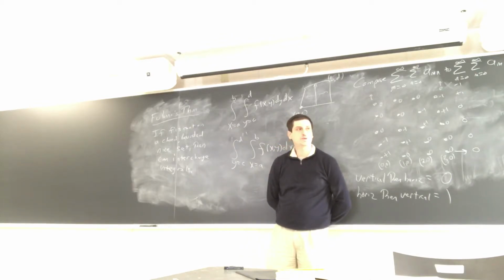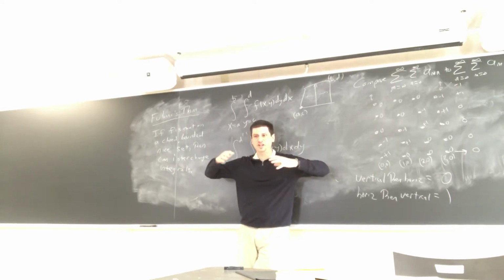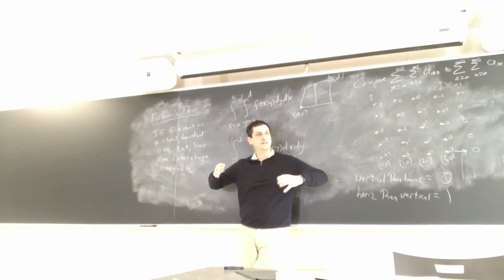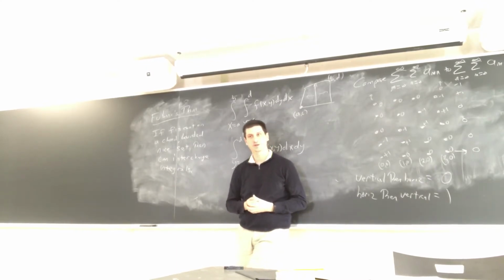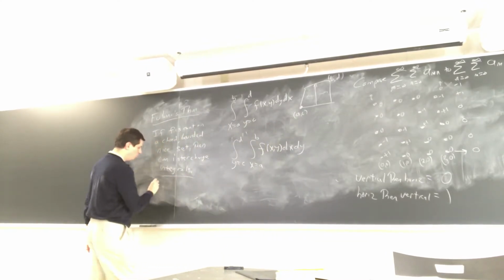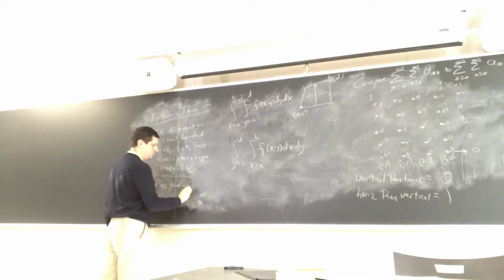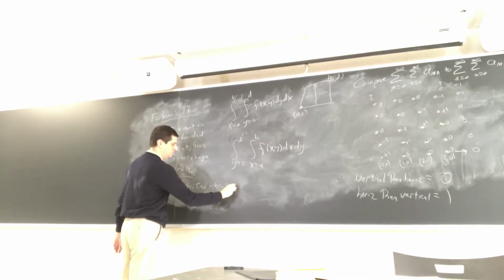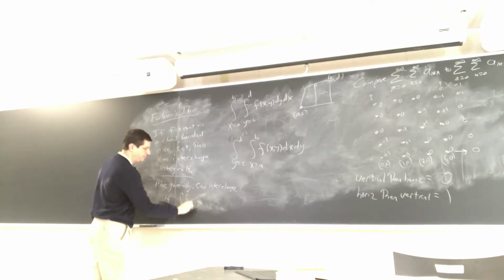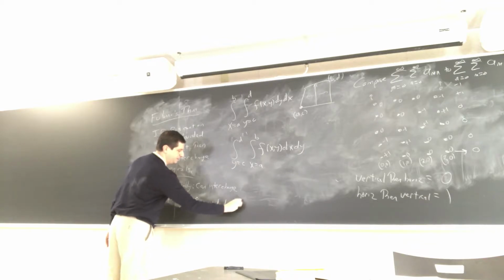What's really going on here, what's lurking in the background, is a nice result from real analysis. The real analysis result is that if you have a continuous function on a nice bounded set, then it attains its maximum and it attains its minimum. In particular, it's bounded. So the real result is, more generally, you can interchange if the integral of the absolute value of f(x,y) dx dy is finite.